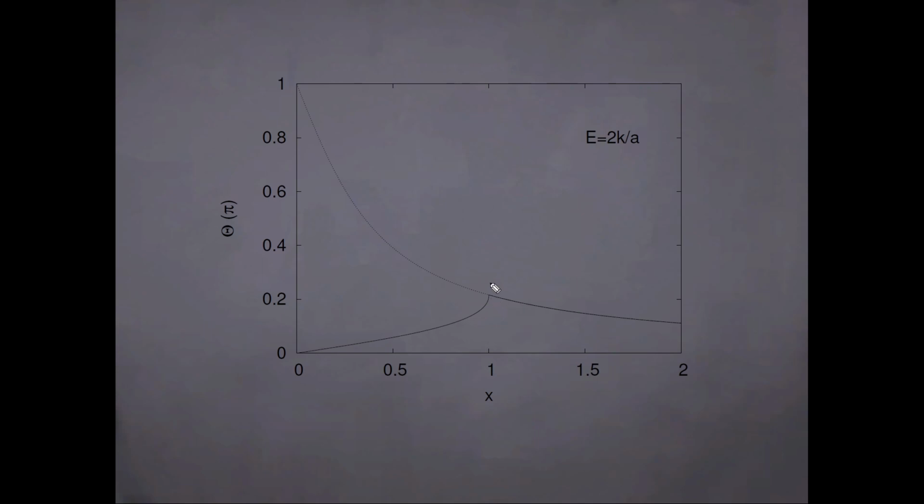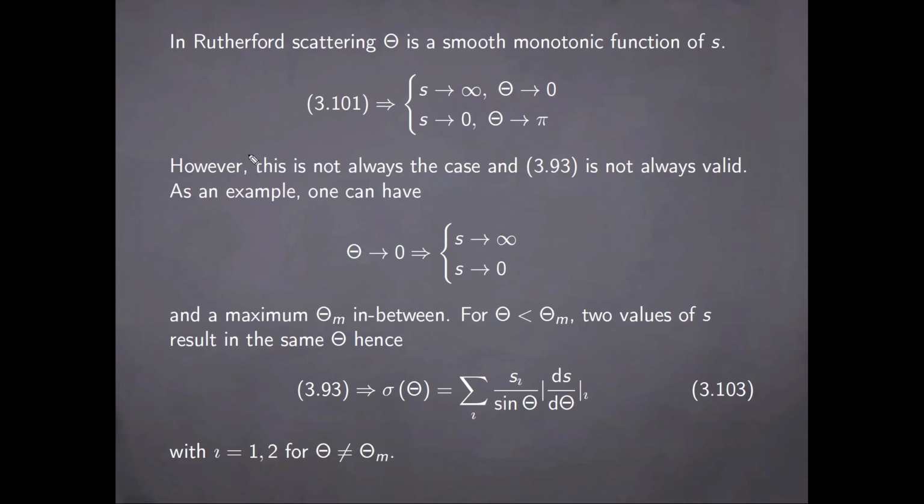So since this is infinite, the inverse is 0, and the implication is that the cross section itself is 0, so there is no scattering possible in a direction that is tangent to the surface of the sphere. And this is a bit different from what we are going to discuss in the following.